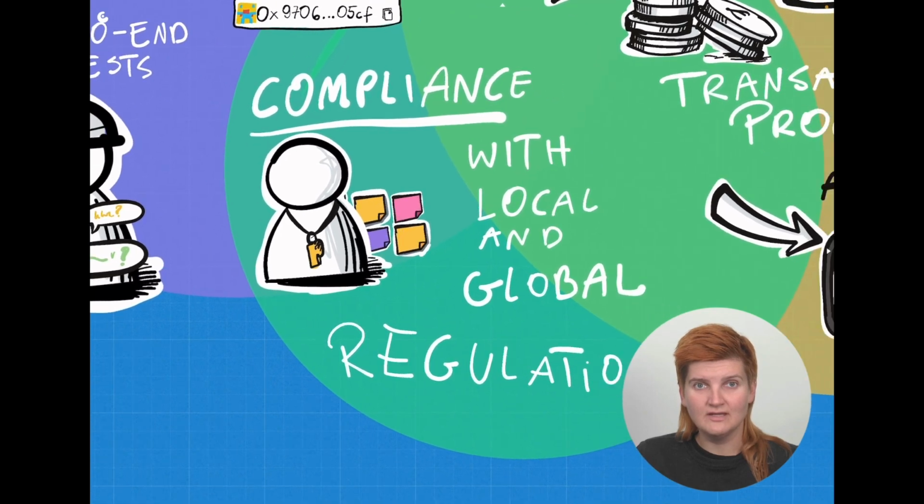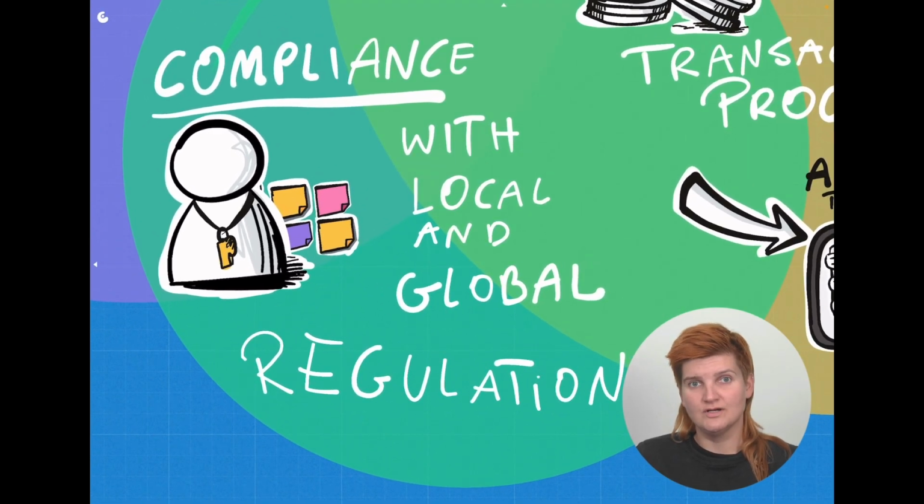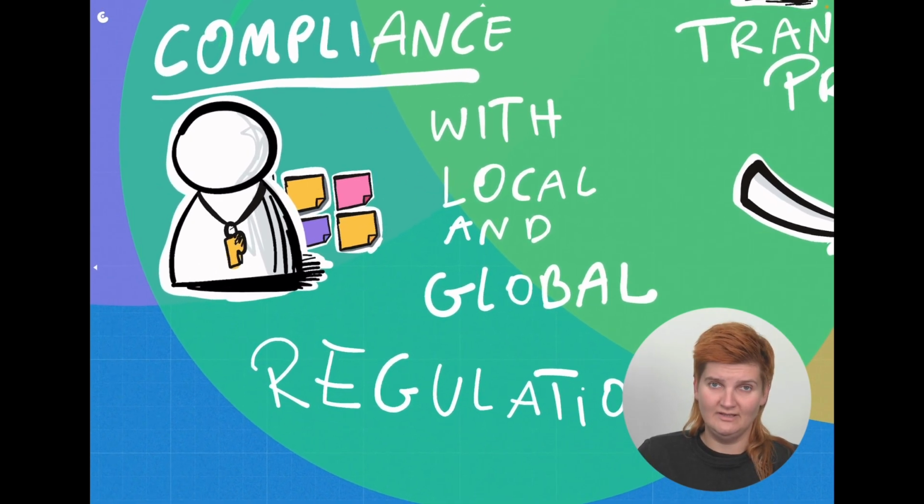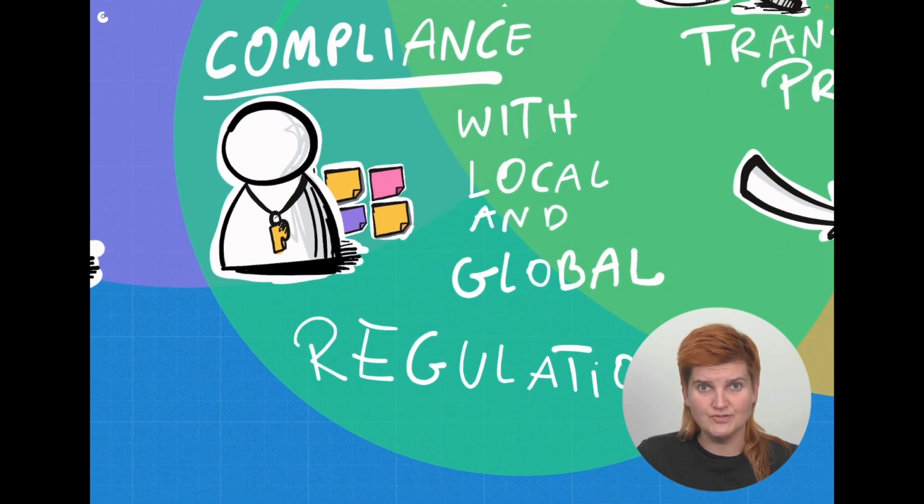We need to take extra steps towards checks in specific jurisdictions and places in the world where the financial regulations are more strict. Implementing checks like KYC, which is Know Your Customer check, and anti-money laundering checks is also a very important aspect of our development journey.